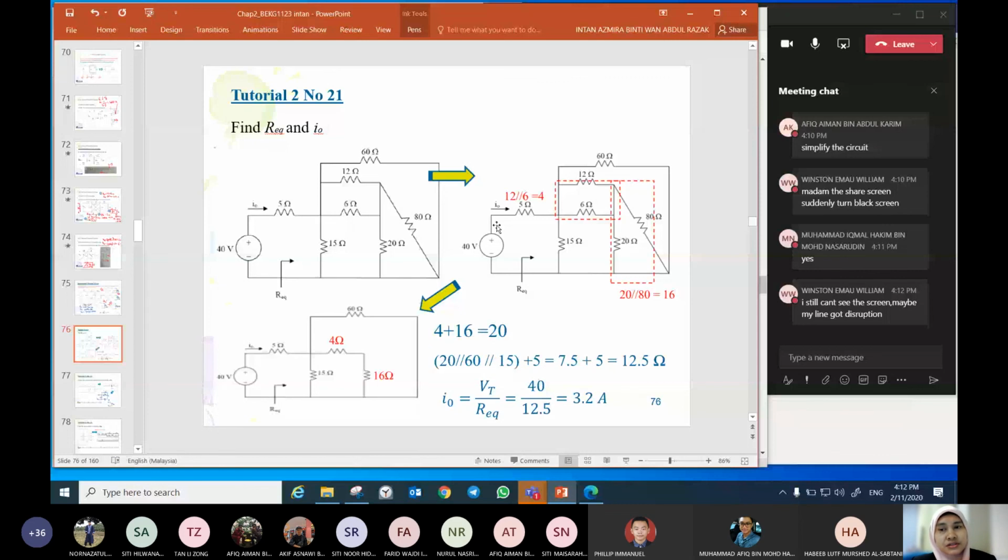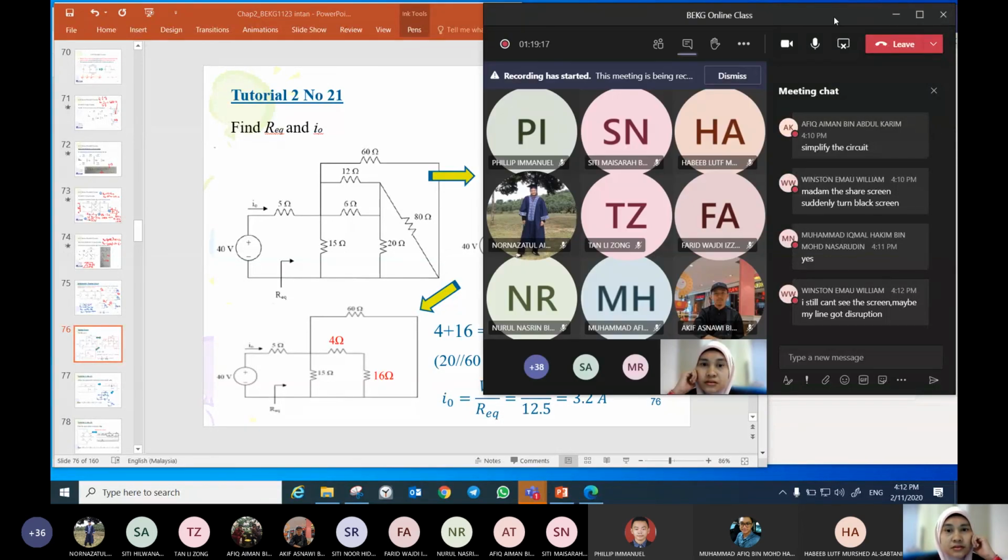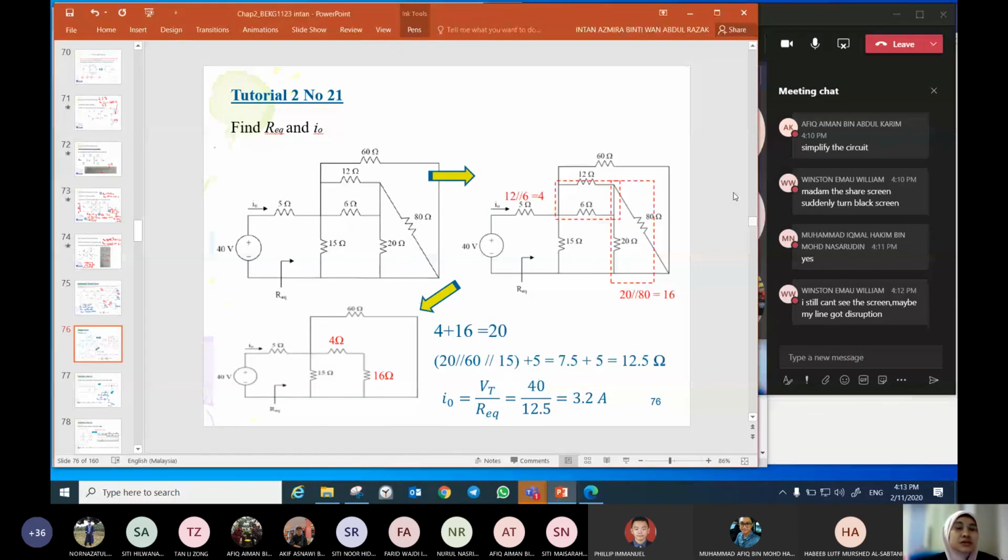This is the solution. Tadi siapa tanya tadi? Nasrin. Nasrin, this is the solution. No need to solve by using star and delta.